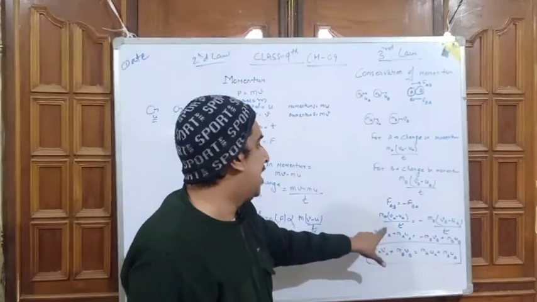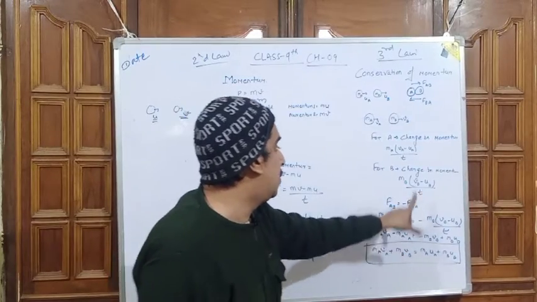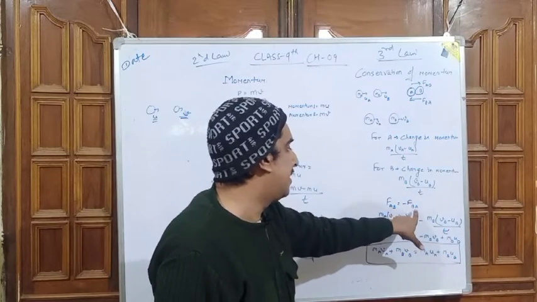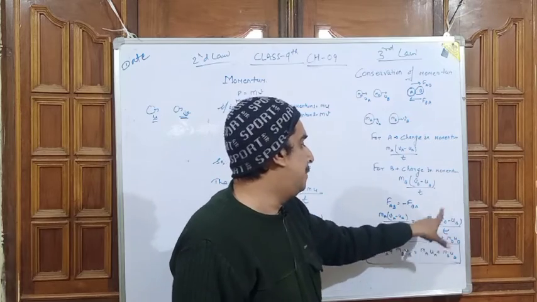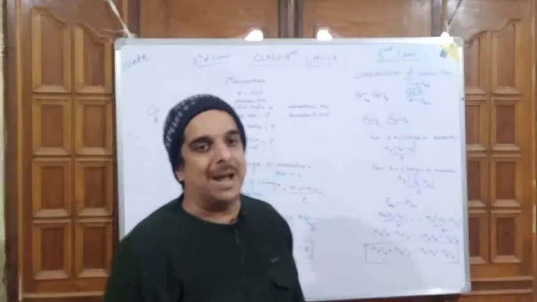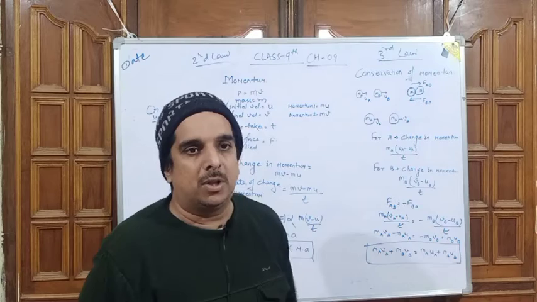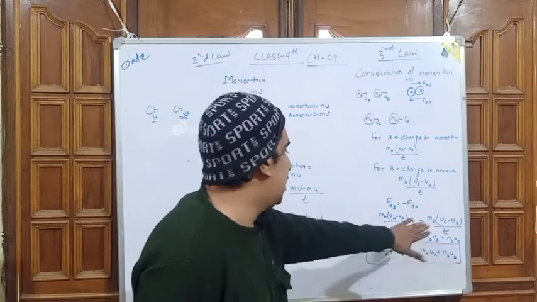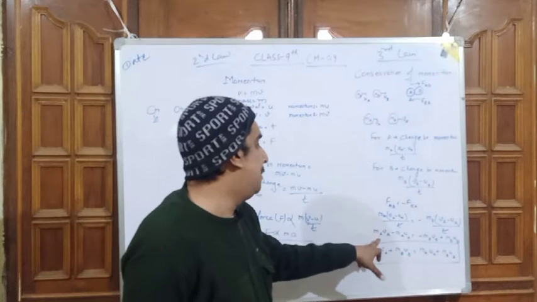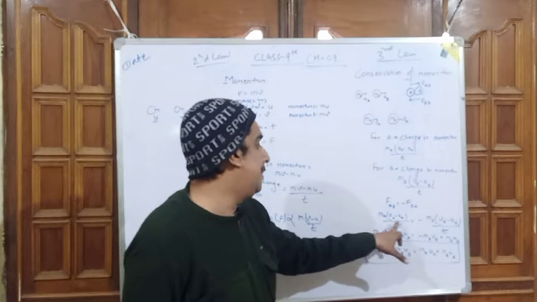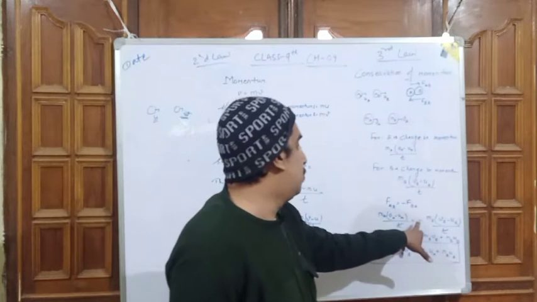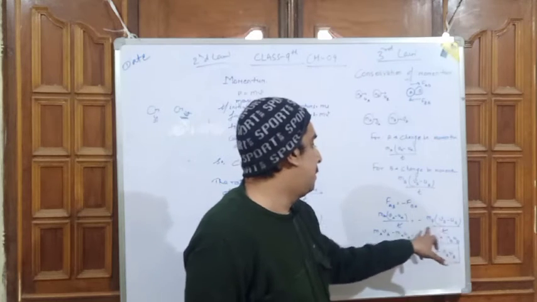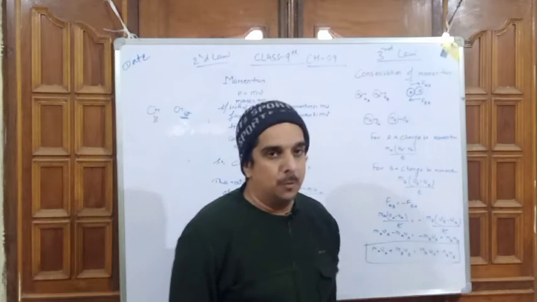MA (VA minus UA) by T is equal to minus, माइनस साइन होगा चूंकि माइनस BA है, minus MB (VB minus UB) by T. Here in both lower sections we are seeing that T is common, so we will cut the T. Now we can write MA VA minus MA UA is equal to minus MB VB plus MB UB.